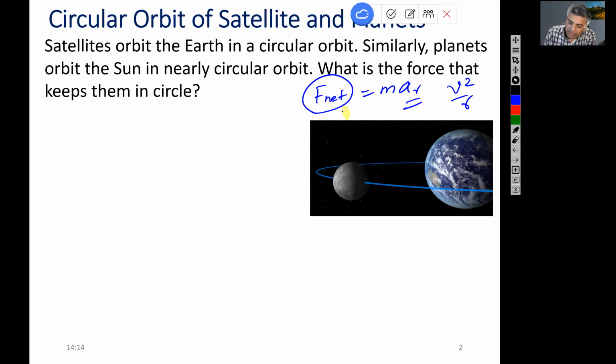When it is up there, the distance is the radius of the Earth plus the height H from the surface. So basically it's this R, but we are just breaking R into two parts.